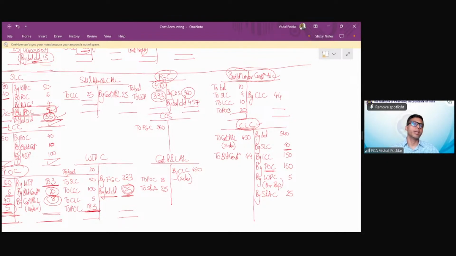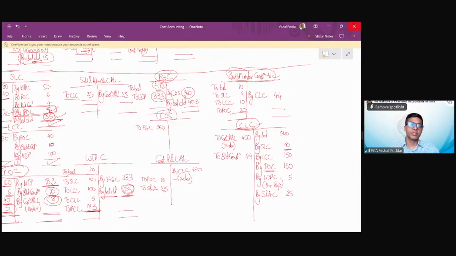The balance that I'm getting here is 457. No, not 457. 403. Yes, 403. So the balance in my finished goods representing the closing balance of finished goods is 403.